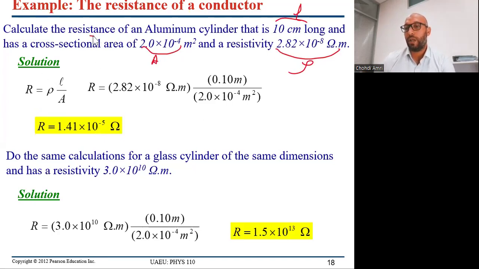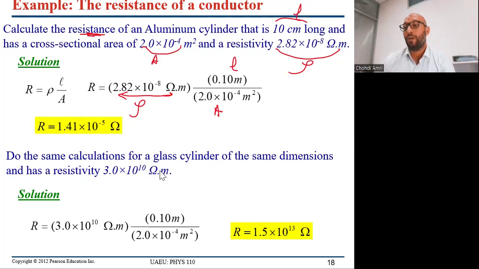He's asking to calculate the resistance. The resistance, as you know, is rho L over A. We have the information about rho, 2.82 times 10 power minus 8, multiplied by L, which is 0.1 meter, divided by the area, and we are done.